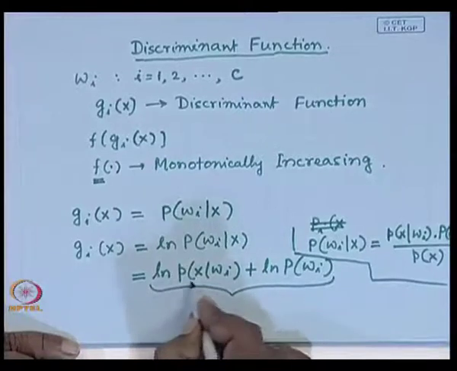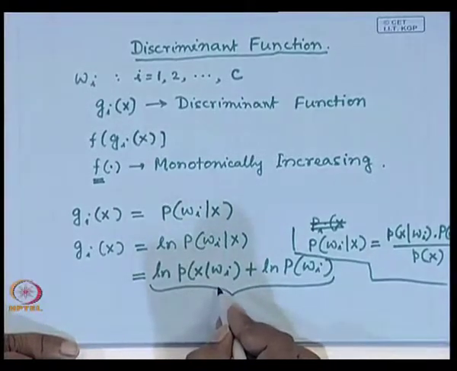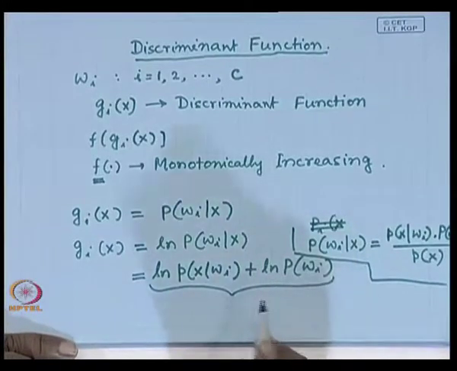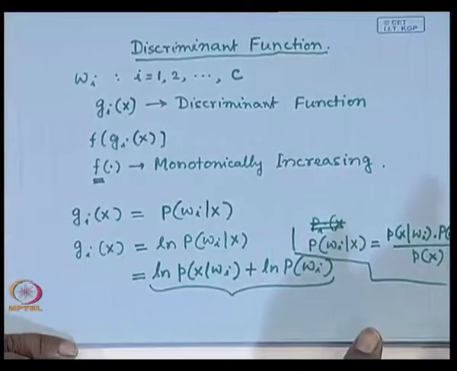Okay. So, naturally here you find that because the probability density function is involved, or the a priori probability is involved, the structure of this Bayesian classifier will depend upon what kind of probability density we are making use of.